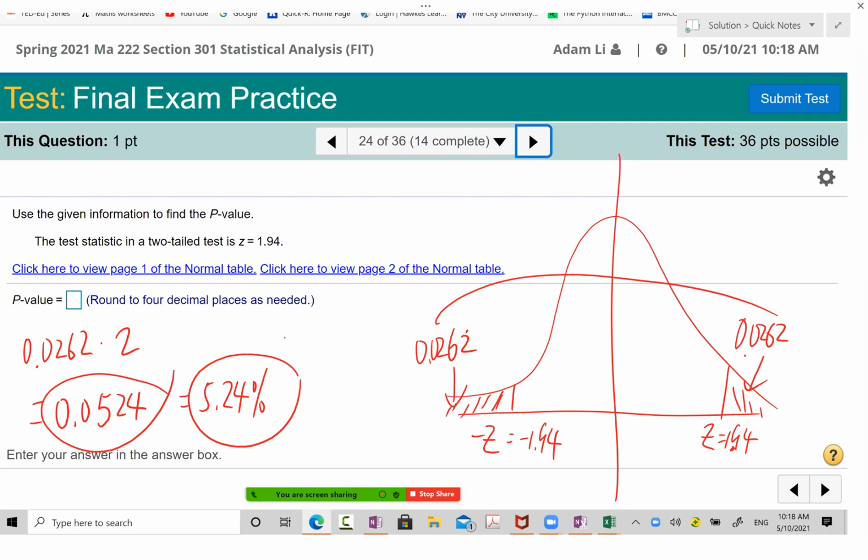Let's say we want 99% confidence, meaning alpha equals 0.01, then we reject H0 because this probability is much bigger. So the p-value is basically using this probability to determine whether or not this is a valid claim. The chance for this claim to occur is 5.24%.